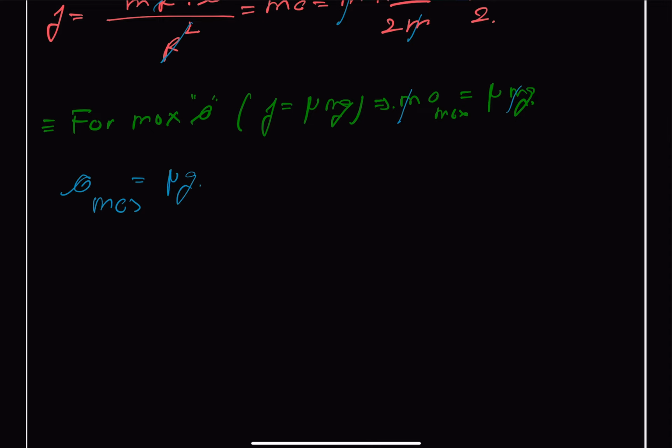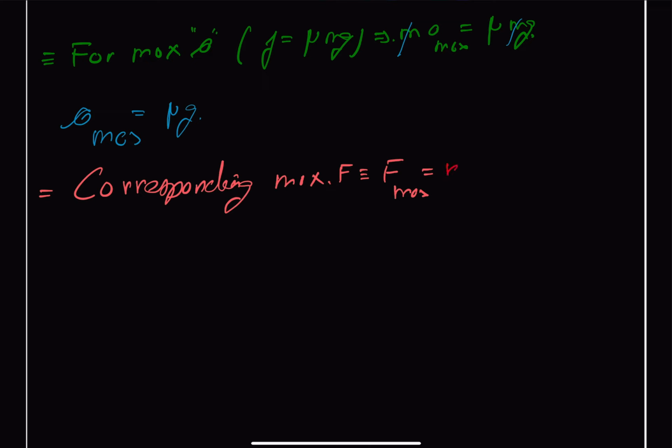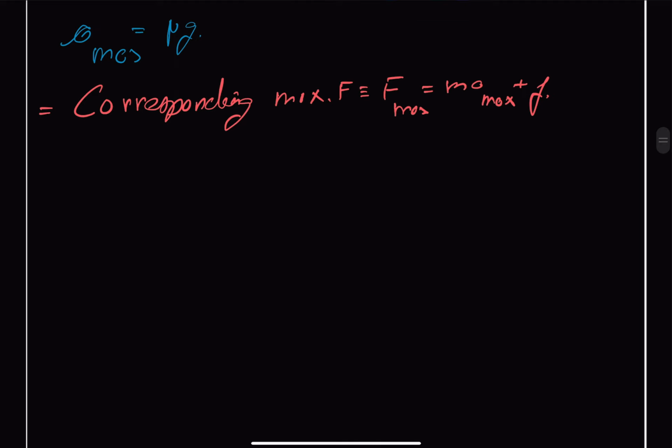And corresponding maximum force, which we called F max, will be equal to m times A max plus F. Now we simply substitute the values.